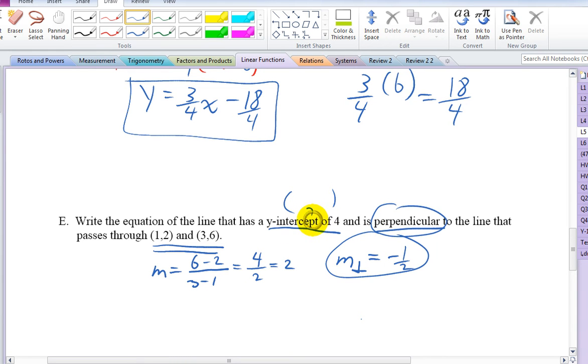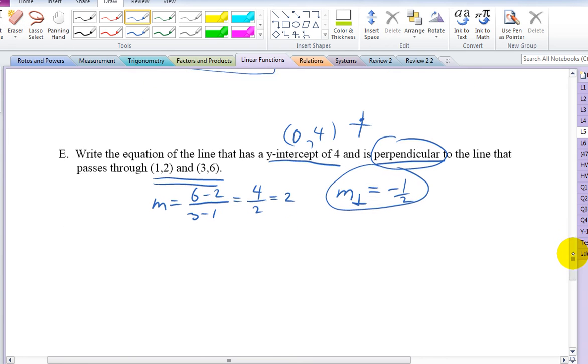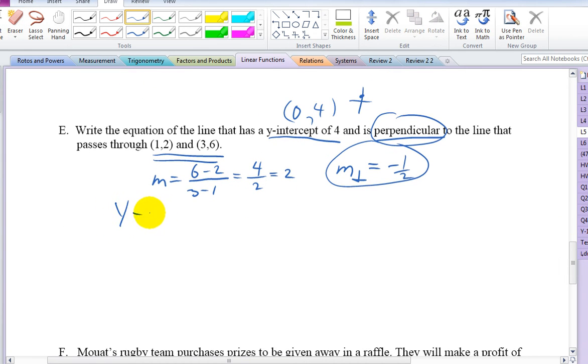Y-intercept of 4. What did they just tell you there? (4, 0) or (0, 4)? (0, 4). When in doubt, check. There's the y-intercept of 4. Yeah, (0, 4) because you don't go anywhere left or right. Okay, just like before, y minus blank equals blank times x minus blank.